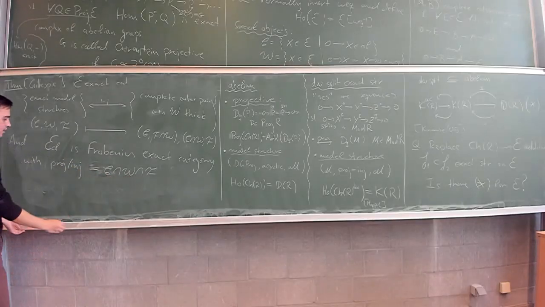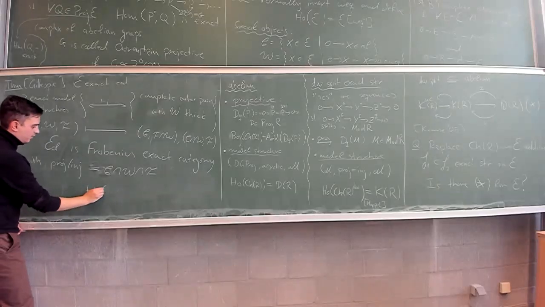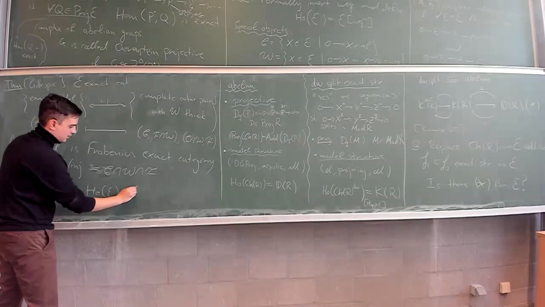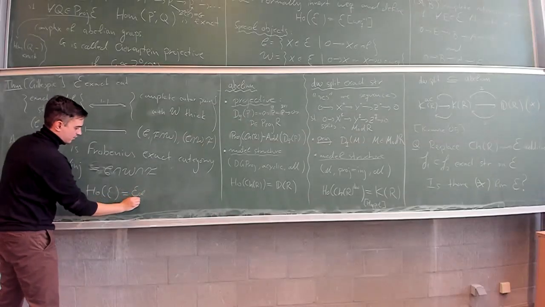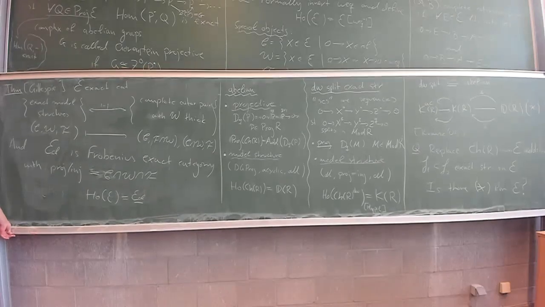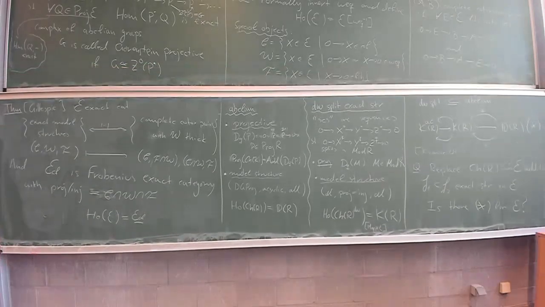Makes sense, right? The homotopy category that you're going to get is the stable category of this Frobenius exact category. Okay? So why is this theorem beautiful, in my opinion?